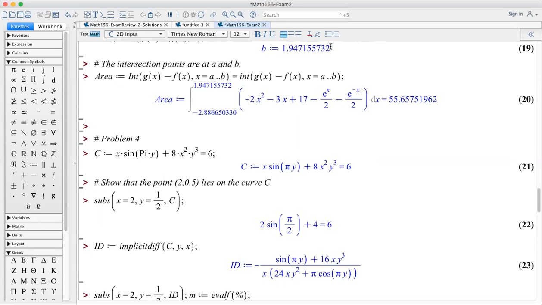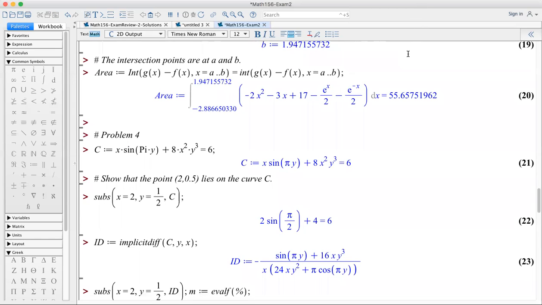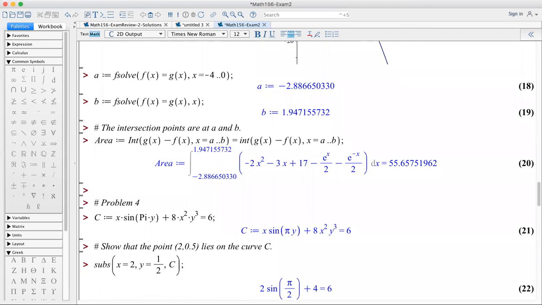By the way, if you weren't sure about that, let's see. Get this out of the way. If I go to help, Maple help, if I were to type in implicit differentiation, let's see what happens.